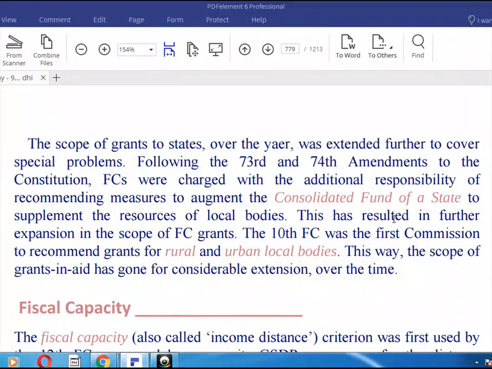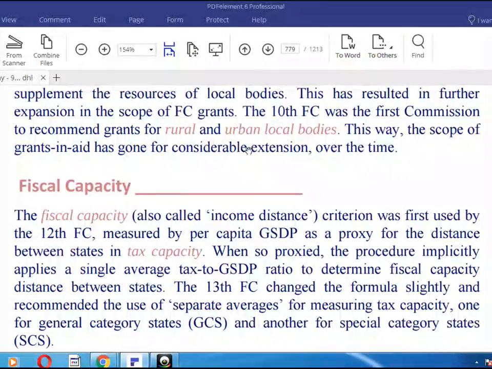This has resulted in further expansion in the scope of the Finance Commission grants. The 10th Finance Commission was the first commission to recommend grants for rural and urban local bodies. Thus the scope of grants-in-aid has gone through considerable extension over time.